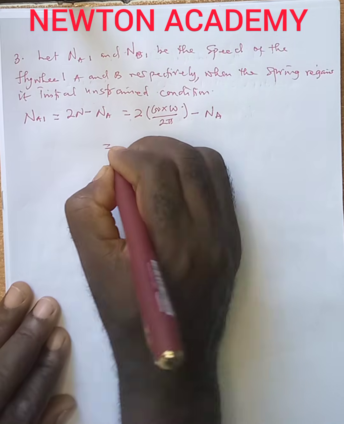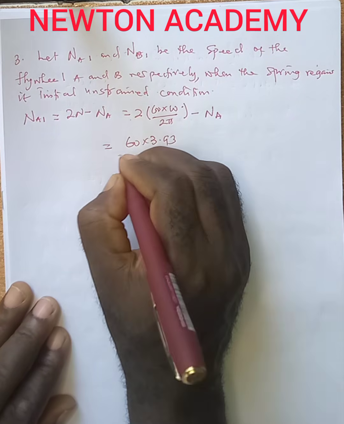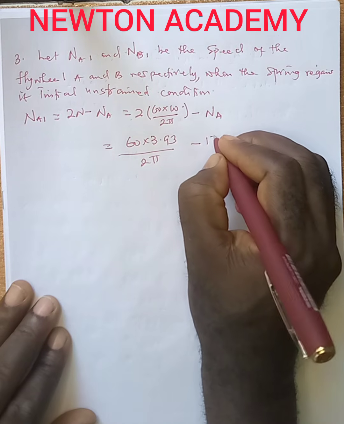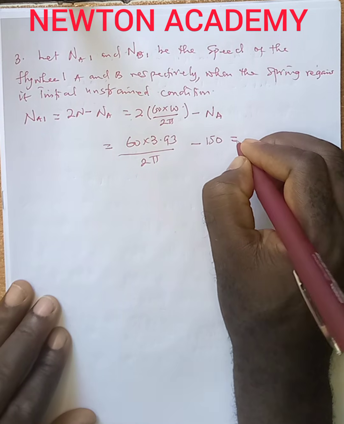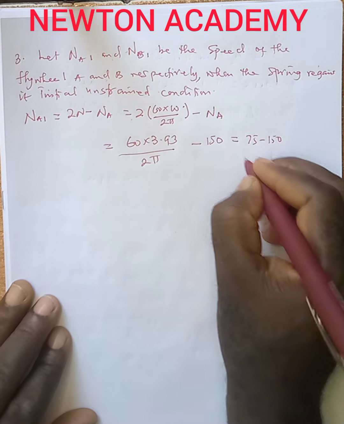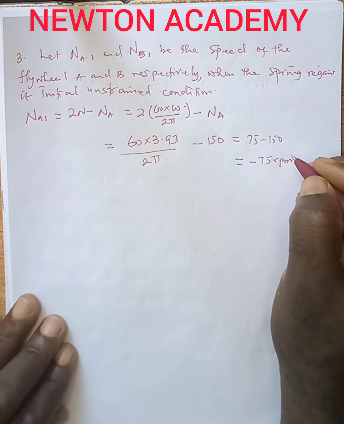So which is equal to 2 multiplied by 60 multiplied by 3.93 over 2 pi, minus our NA, which is 150. And this gives 225 minus 150, which is equal to 75 RPM.